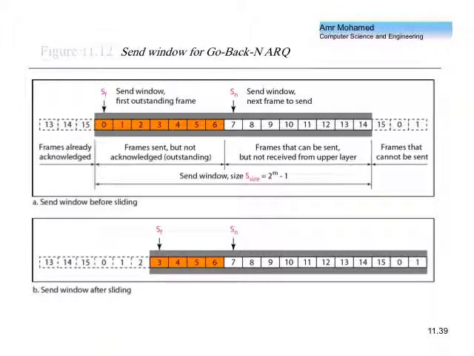So this means that starting from frame 3, I have already sent it, but frame 3 itself has not been acknowledged. And what will happen here is that frame 15, frame 0, frame 1 will now be ready to send.